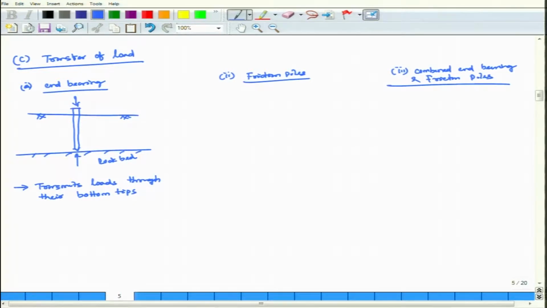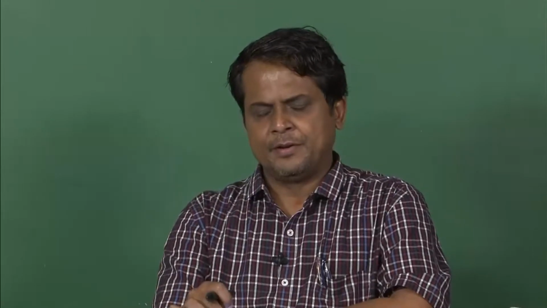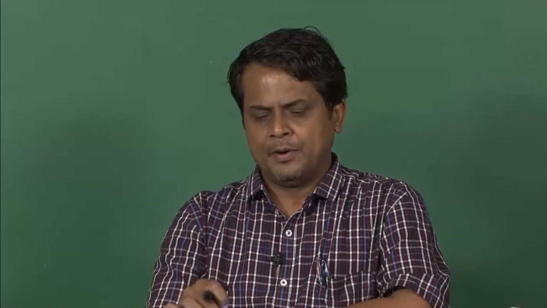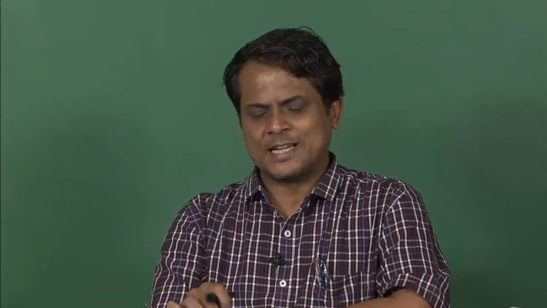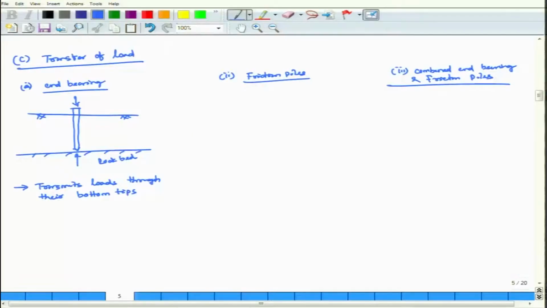So, at a reasonable depth there is a hard strata or rock, then what will happen? The pile has been extended or driven or hammered or pushed inside the ground surface up to your rock bed. So, that load transfer mechanism will be whatever the load is coming, it will be taken by your bottom or tip resistance.